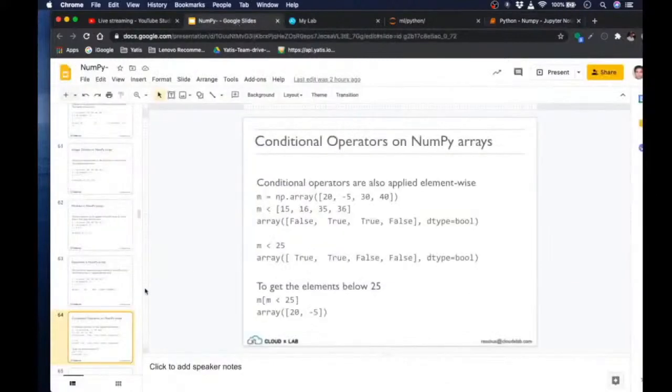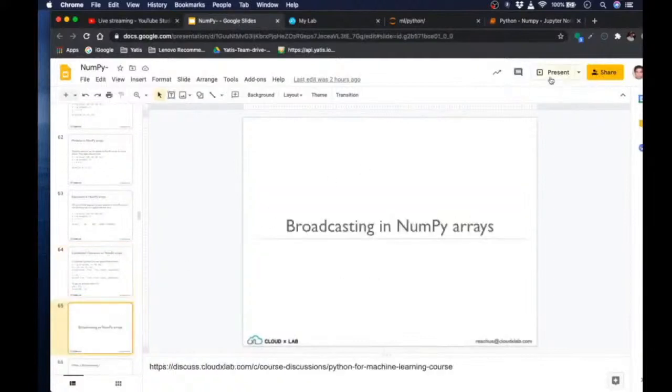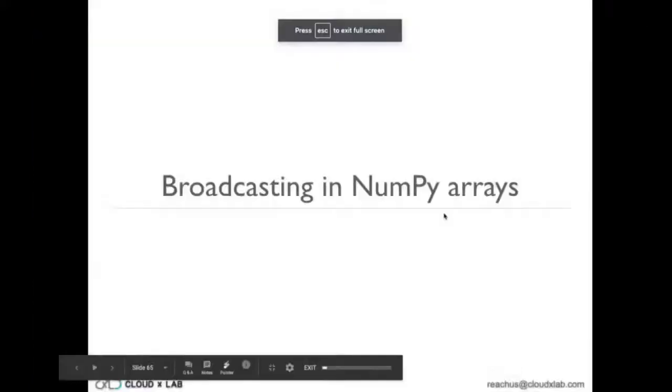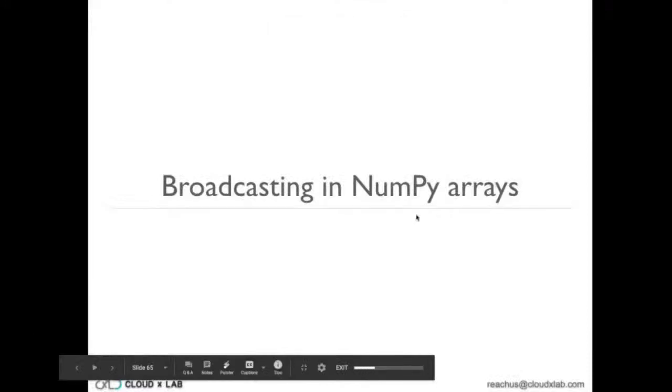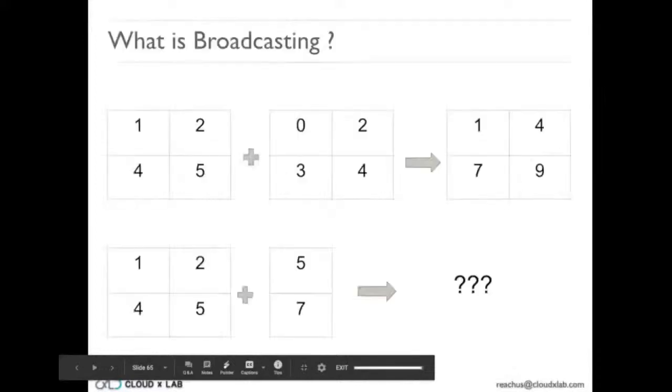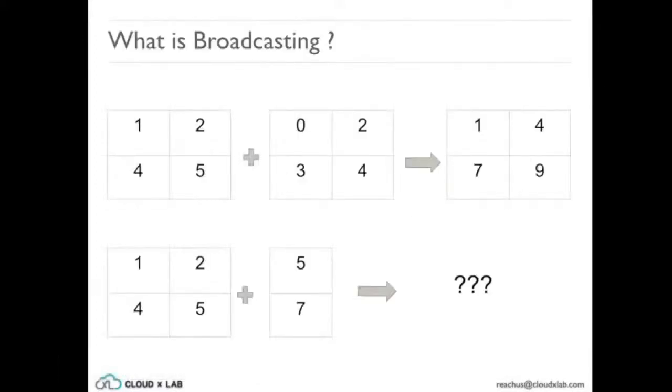Now let's look at an interesting concept called broadcasting in Numpy arrays. So what is broadcasting? We've seen element-wise addition, where two arrays have identical ranks and the same shapes, so it's very easy to do.